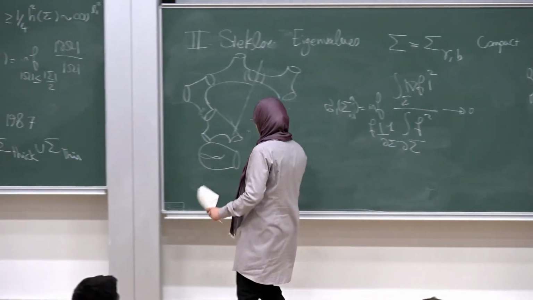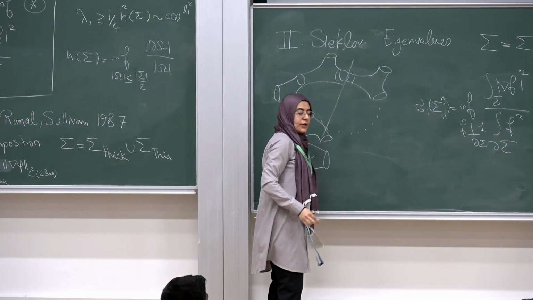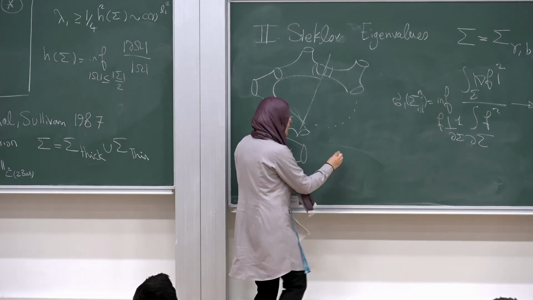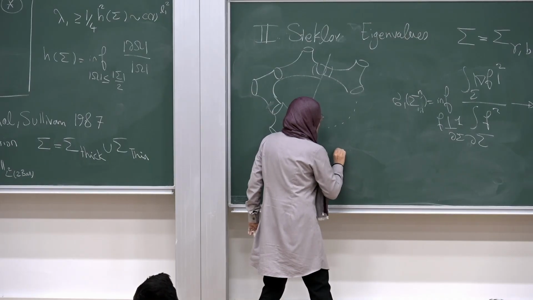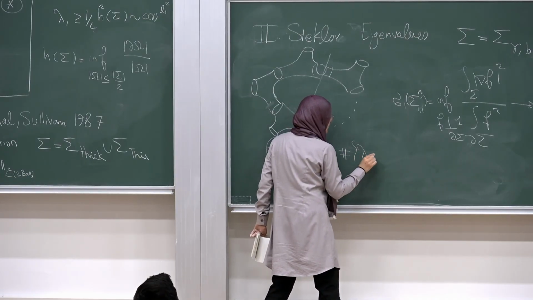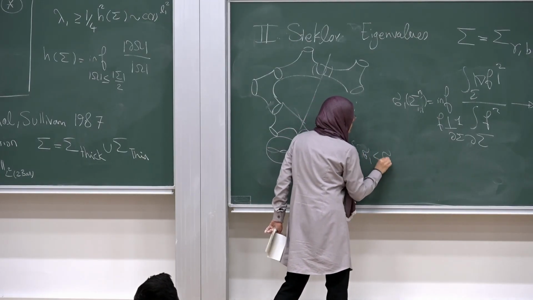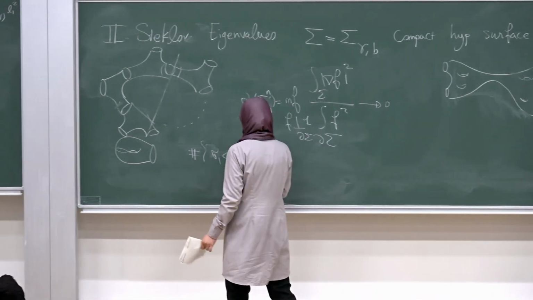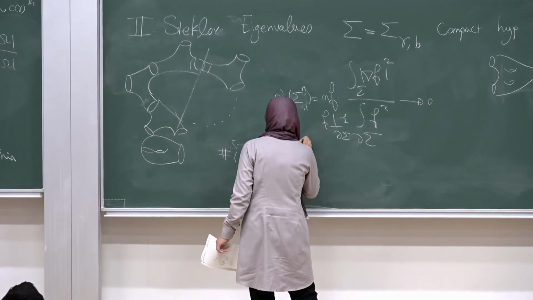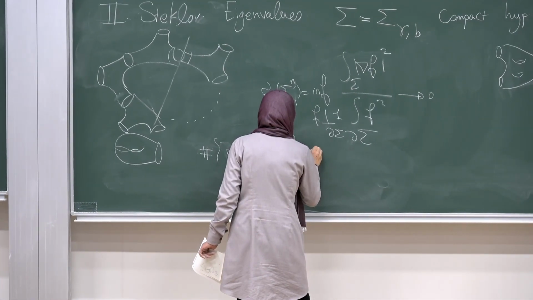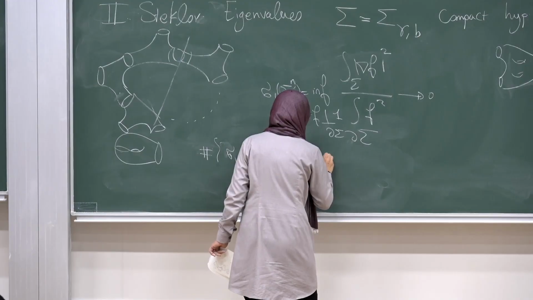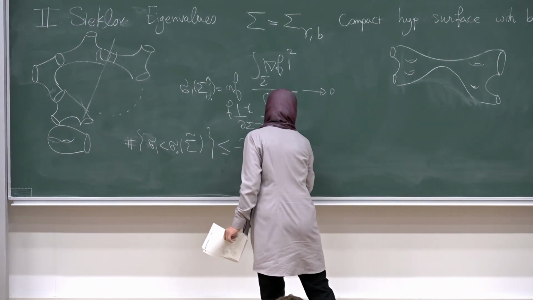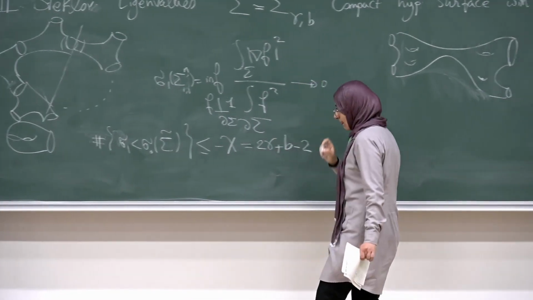And what we are, okay, so I'm in the question part, so I'll just borrow 3 minutes and then I'll stop. So we show that we can adapt Otal-Rosas's argument, and we get that this is less than or equal to minus the Euler characteristic, which is 2 gamma plus b minus 2.